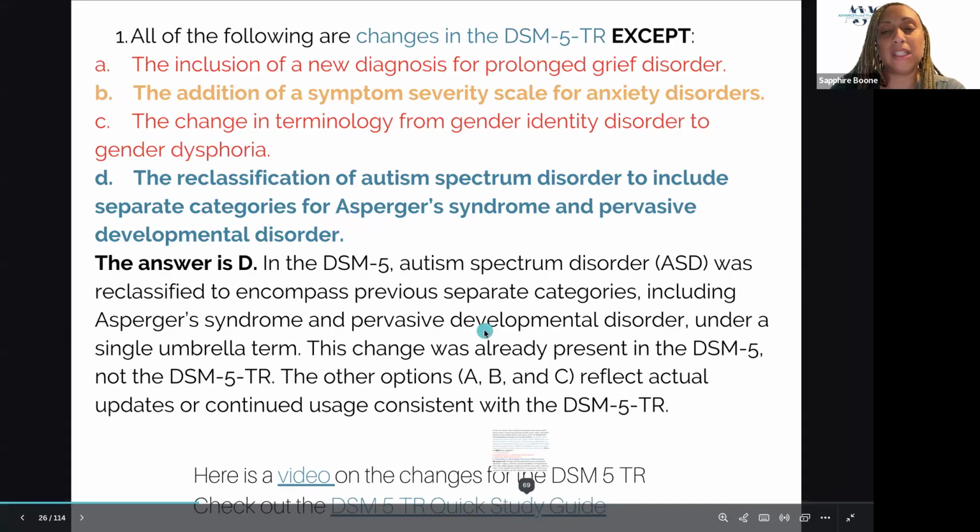I'm not sure how much it is now. It used to be like $8, so it's probably maybe 10 or 13 now. But it's just a snapshot of the disorders, and if you encounter some disorders that you haven't heard of or are not familiar with, it's very quick information about them. So that can be helpful for your studying.